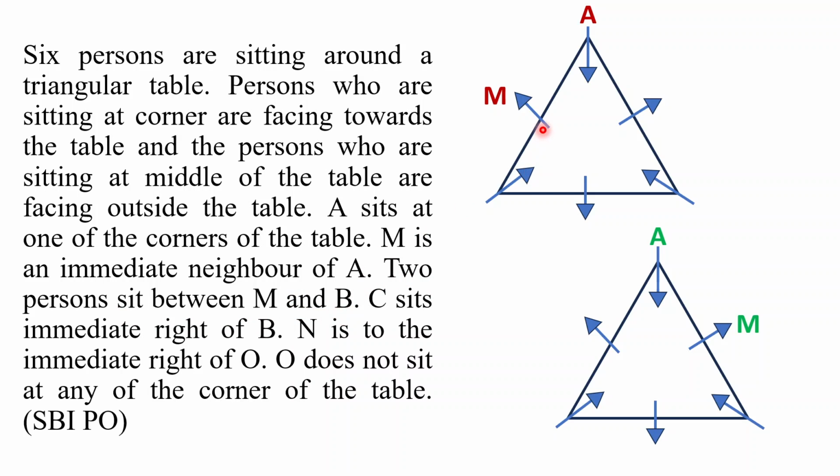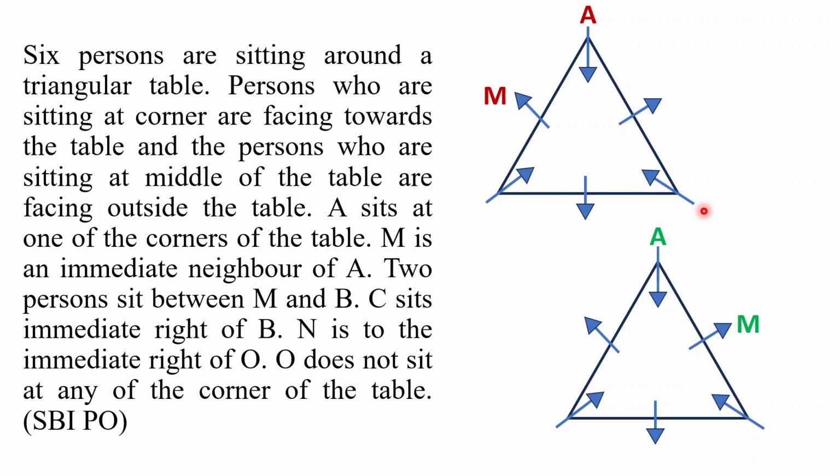Okay, in case number 1, between M and B there are two persons. So count from the right side of M, 1, 2 means B will be placed here, and from the left side of M also 1 and 2 means B will be placed here at this position.